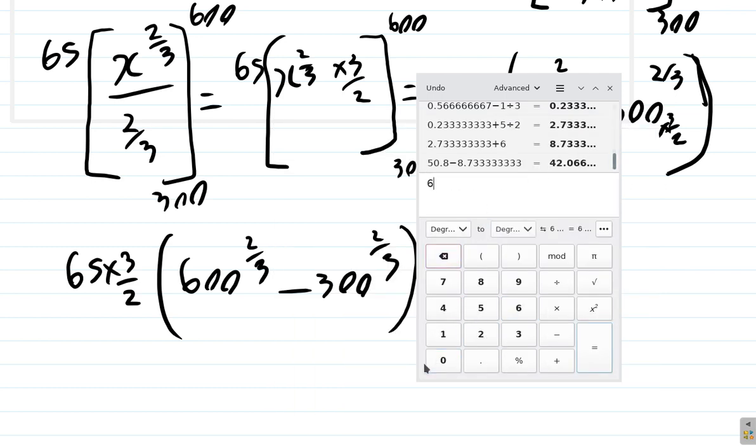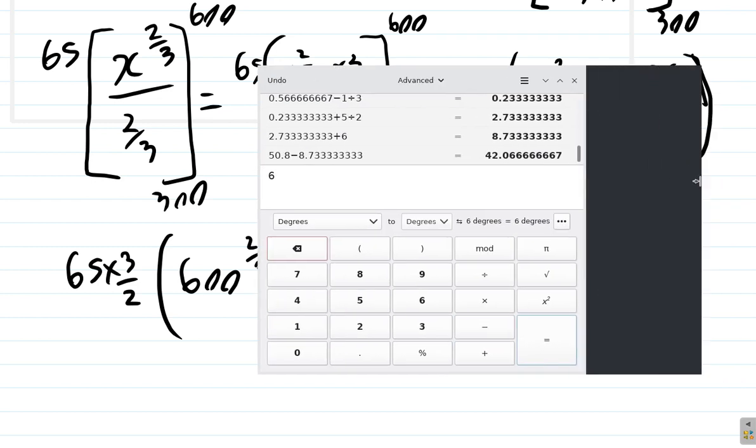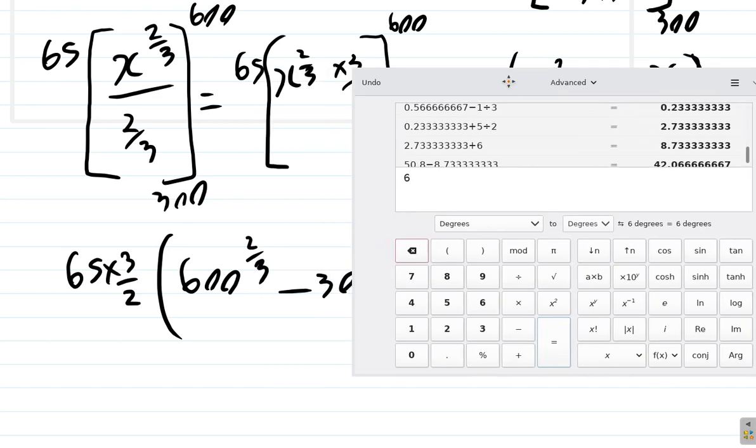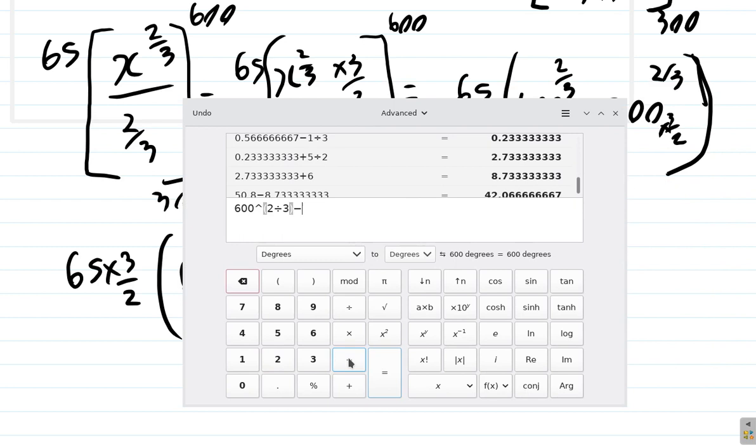We're going to have to put it in advanced mode to do all of those calculations. 600 raised to the power of, let me put it in bracket, 2 over 3, close bracket, minus 300 raised to the power of, open bracket, 2 over 3, close bracket, equal.